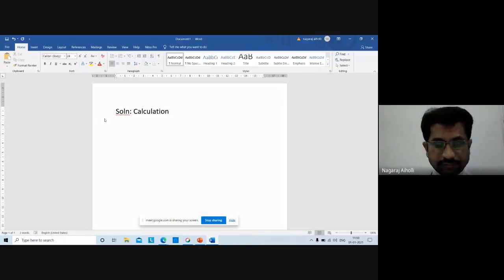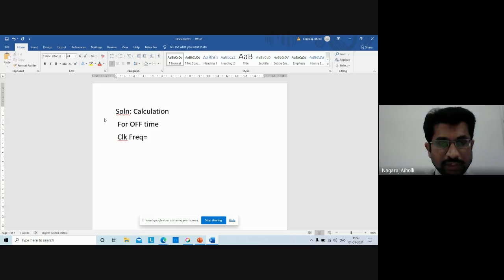Calculation for the off time. What is the clock frequency formula? Crystal frequency divided by 12. That we have discussed in our previous classes.